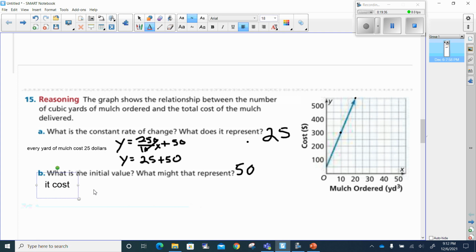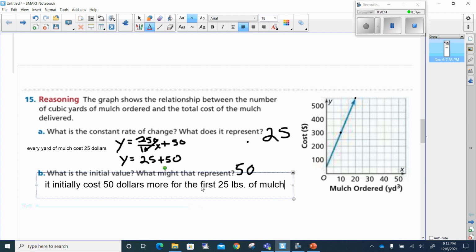It will initially cost $50 more for the first 25 pounds of mulch.